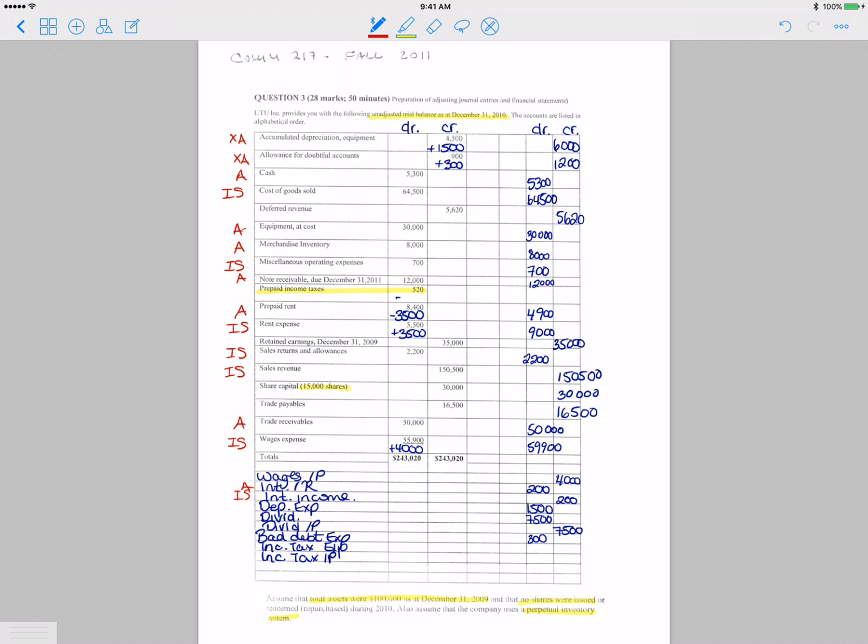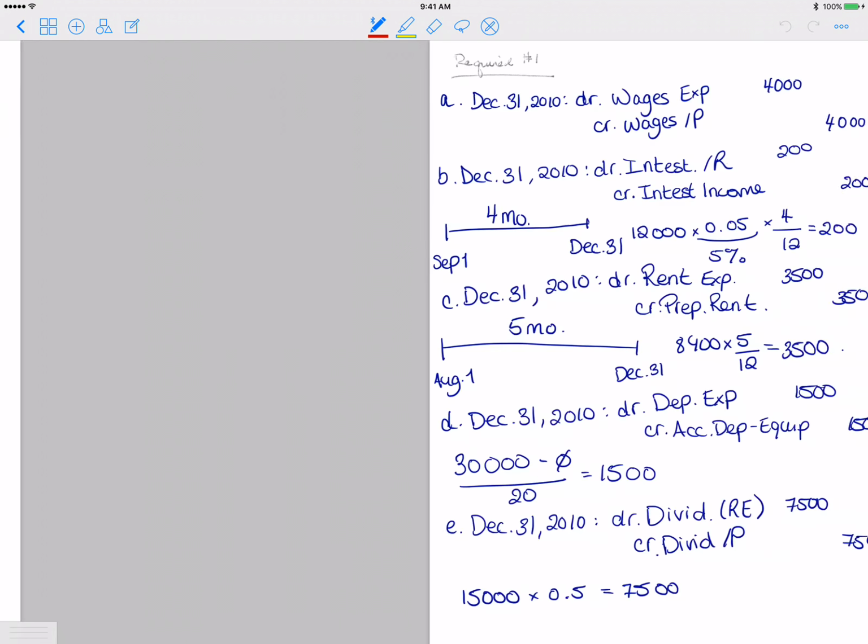A depreciation expense also goes on our income statement. Our dividends we're not going to be using here, and our dividends payable either. Our bad debt expense is an income statement item. Our income tax expense goes in our income statement, and our income tax payable we won't be looking at in these questions.